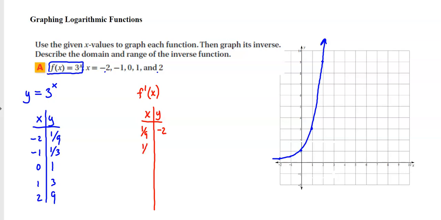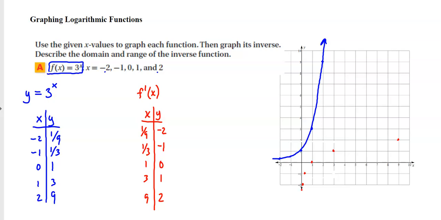When x is 1/3, I'm at -1; 1, 0; 3, 1; and 9, 2. I believe I flipped everybody, right? So let's graph that. Over 1/9 down 2, over 1/3 down 1, 1, 0, 3, 1, and 9, 2.